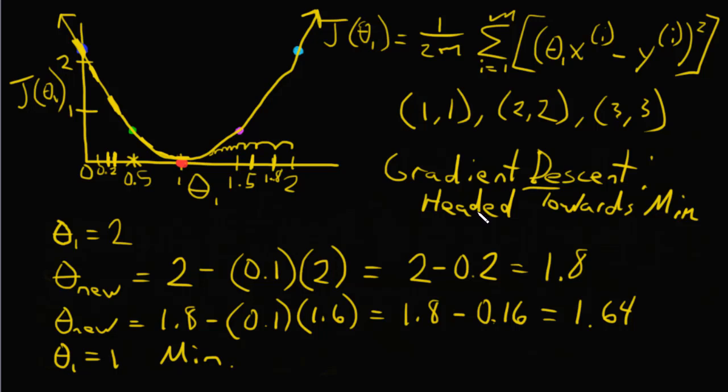So this is one of the gateways to learning about machine learning, is that almost all of the algorithms share the common components of the cost, hypothesis, and gradient descent.